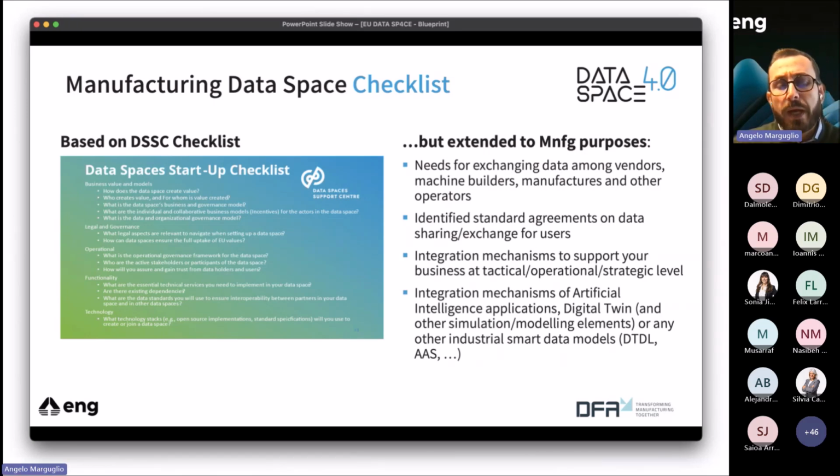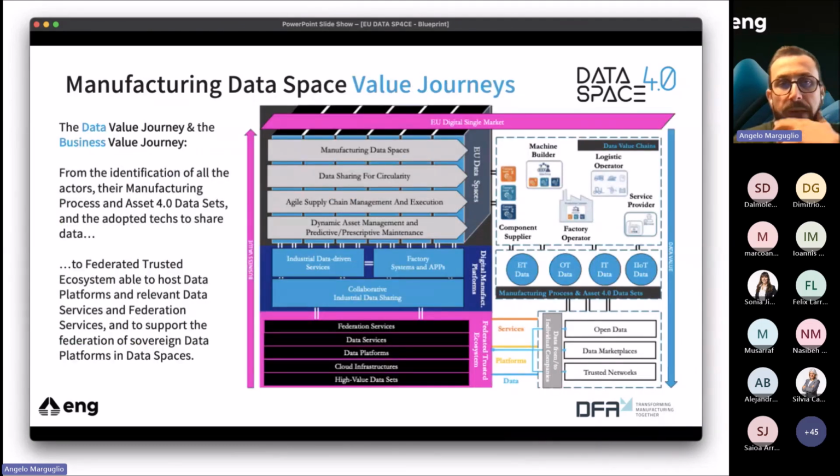As mentioned, this is quite general purpose. In our blueprint, we have tried to detail this question a bit more, especially for the manufacturing domain. So in our blueprint, you will find some new questions or some specializations of the existing ones that can be used for dataspace initiatives that want to create or join a manufacturing data space.